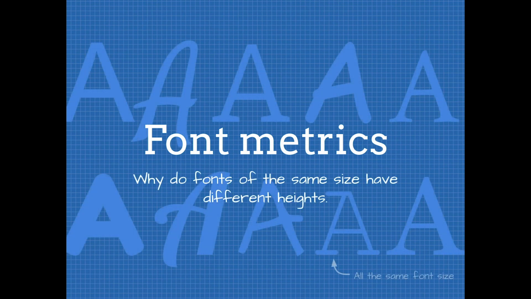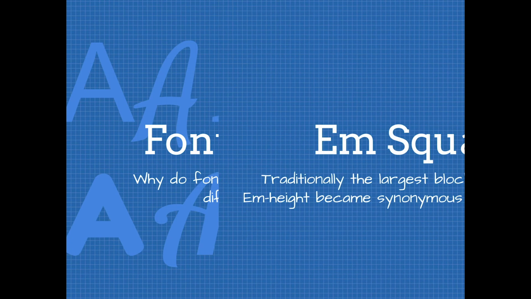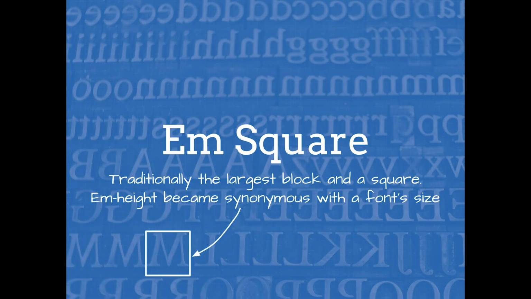So some background before we get into solving these problems and answering a question that a lot of us have: why do fonts of the same size have different heights? Why are some smaller and some bigger, and they're all 30 pixels tall? And why does that happen? To get there, we'll also need to talk about physical type.